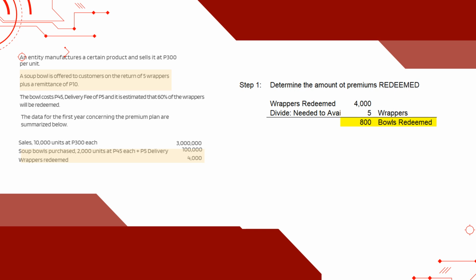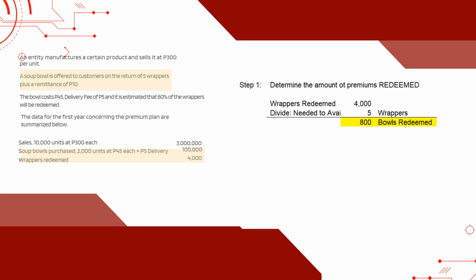Step 1 is that the premium expense will come from our estimate, right? So when it's an expense, what are the amounts of premiums that have actually been redeemed?